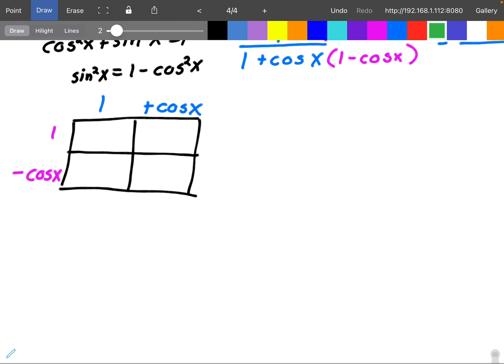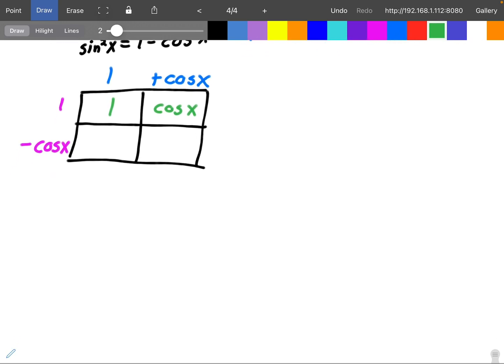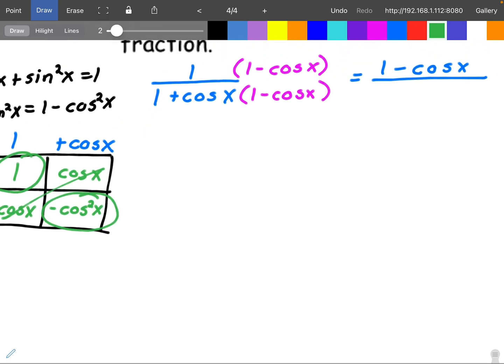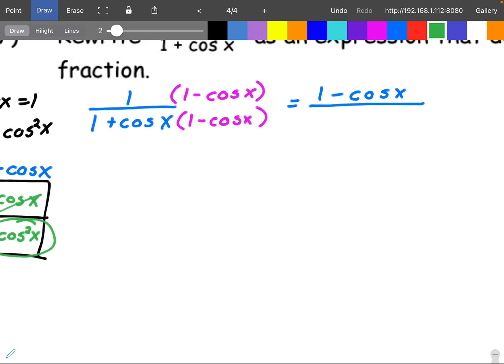In the top row, we have 1 times 1, and then we have 1 times cosine x. In the bottom row, we have negative cosine x times 1. Well, that's negative cosine x. Sure enough, those cancel. And then we have negative cosine x times positive cosine x, which is negative cosine squared x. So then all we have left is 1 minus cosine squared x.